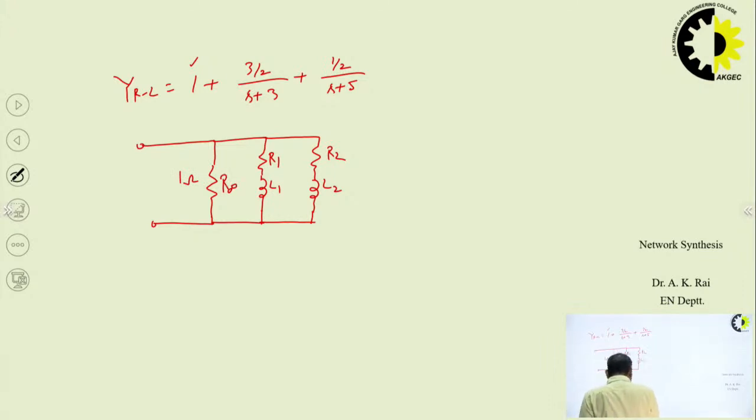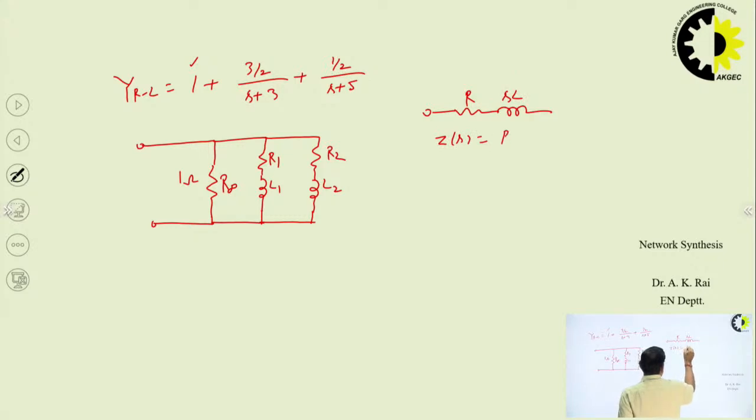Now we can find the value of this R1 and L1. How will we do it? Just remember this. This is your R, this is your sL in the S domain. So Z(s) is equal to R plus sL. So Y(s) is equal to, because it is the admittance, 1 by (R plus sL).